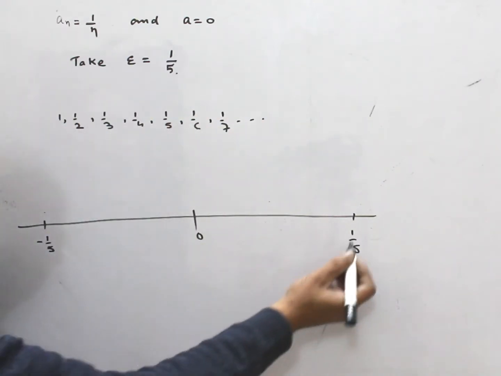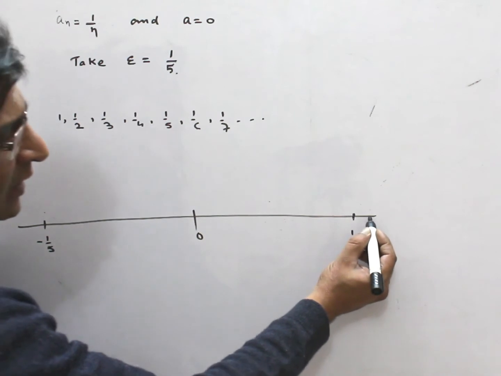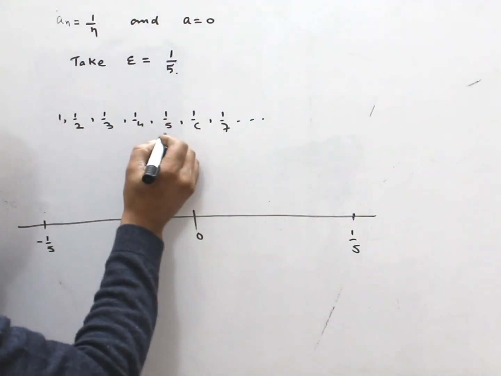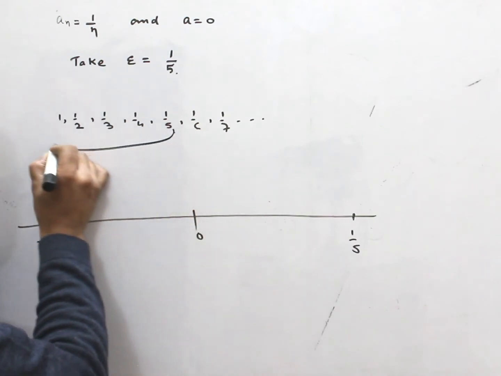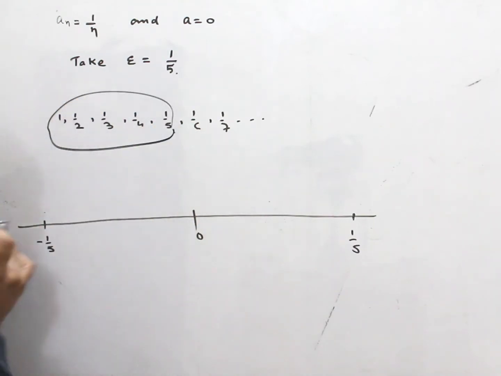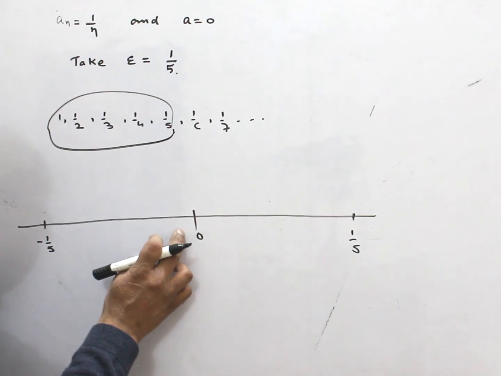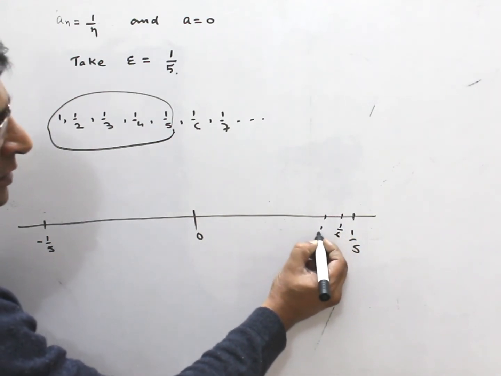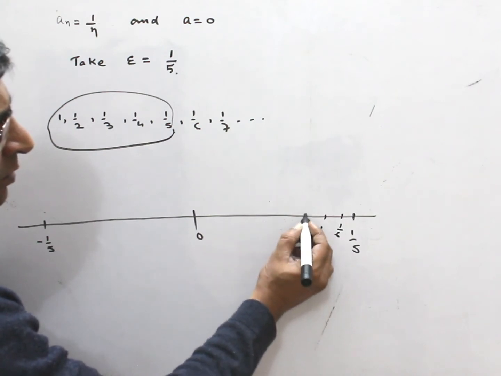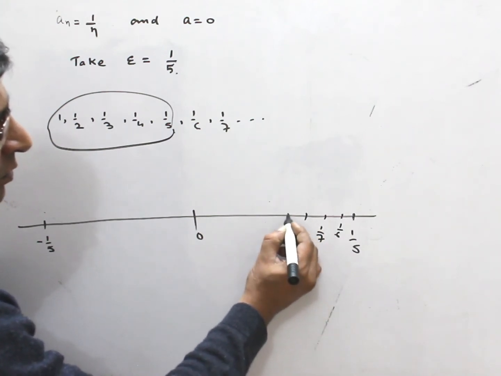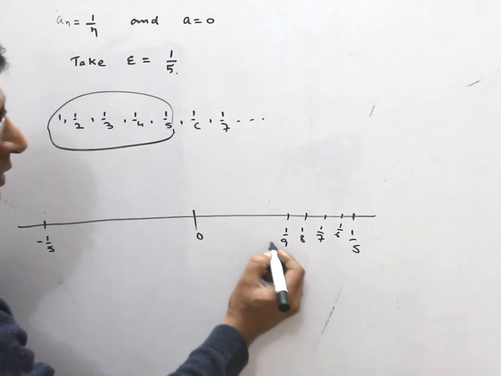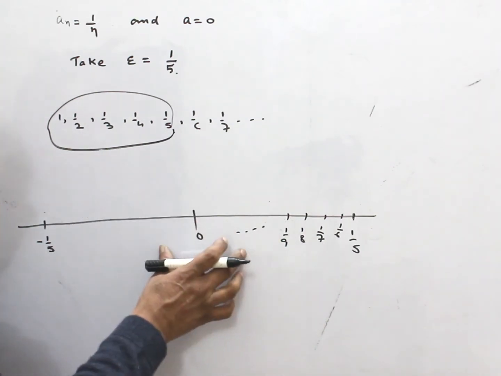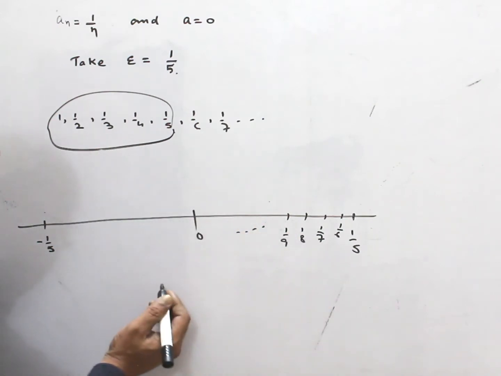So you can say this term and the bigger terms of this, that means these terms are not in the neighborhood of 0. That means we say 1 by 6, 1 by 7, 1 by 8, 1 by 9. All terms of the sequence fall in the neighborhood except 5.